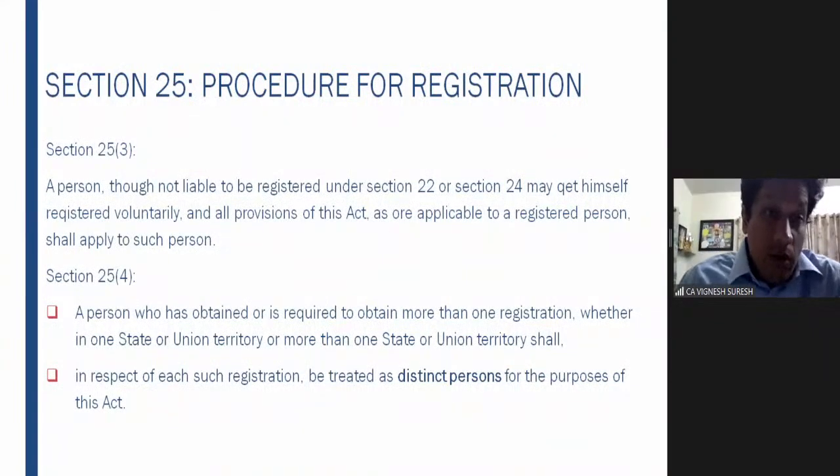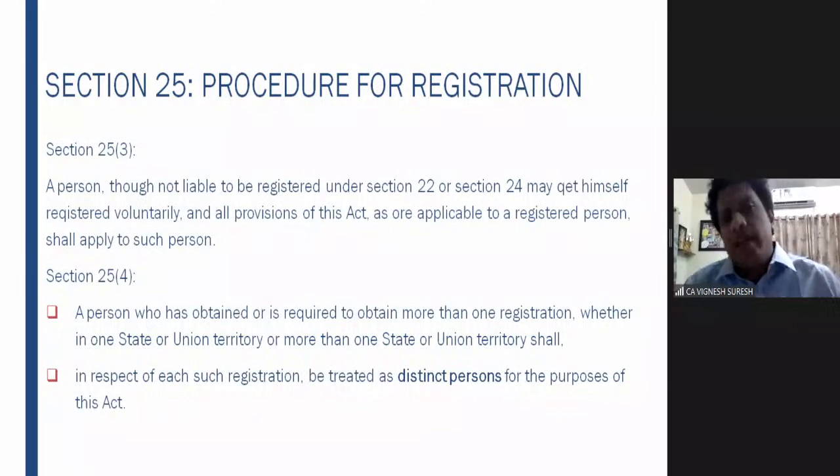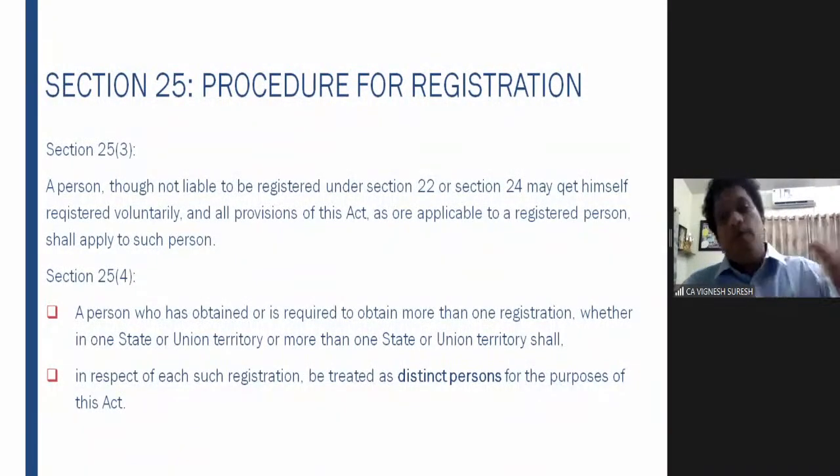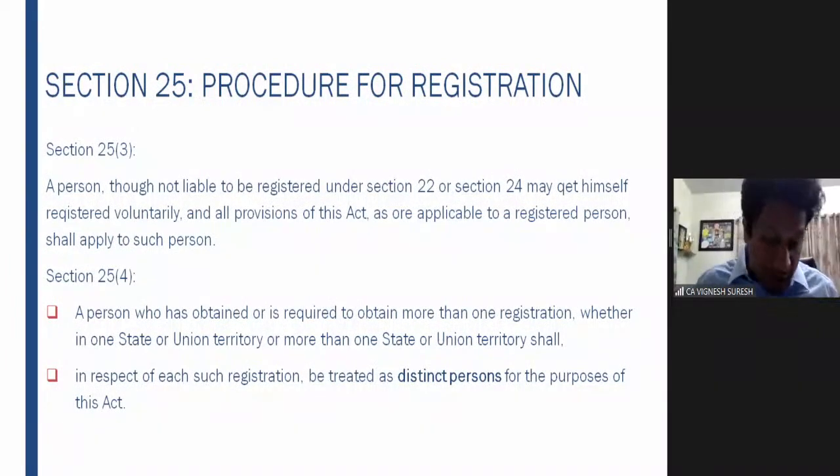That means even though your turnover has not crossed the respective threshold limit under 22, or under 24 you are not falling into the various categories of persons who require compulsory registration, still you may get yourself voluntarily registered, and all the provisions of the Act applicable to a registered person shall apply to such person. So once you get yourself registered voluntarily, you have to start with all the respective GST compliance. There are no two ways about that. I hope this point is clear.